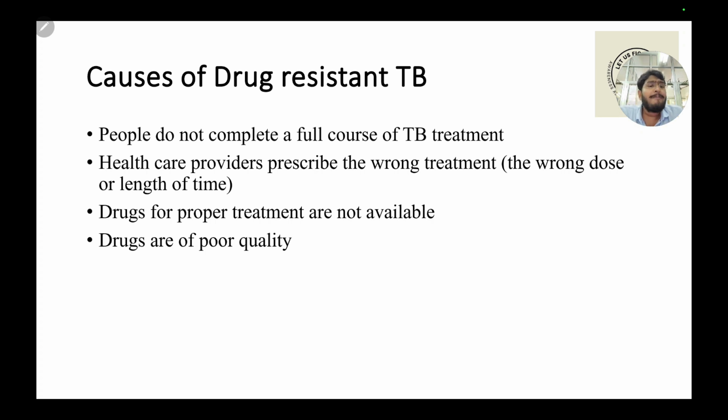It may also happen at times that the dosage prescribed may not be appropriate, or the time period for which it was prescribed is not appropriate. At the same time, it may also happen in a few countries where drugs are not available. Probably they are not easily accessible, they are not affordable, or the drugs by themselves are of poor quality.